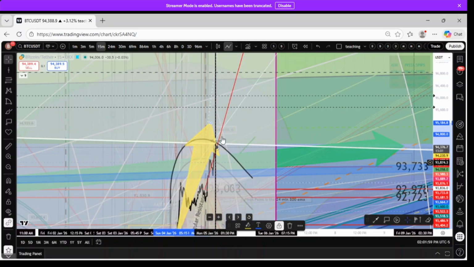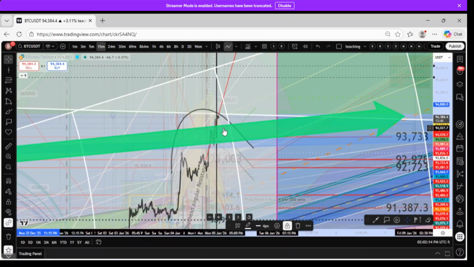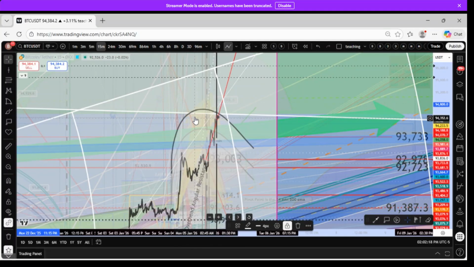I mean, the path is there. The problem is that 94.6 might induce selling. If we come up here, you can get smacked right back down because we're on this fib. You see? So this red line is angular resistance overhead, and then it meets up with this little white line here.